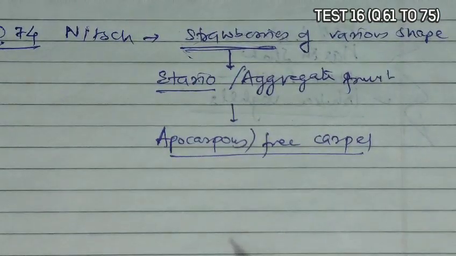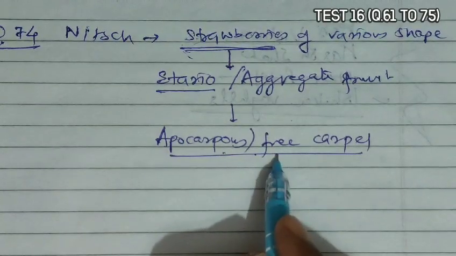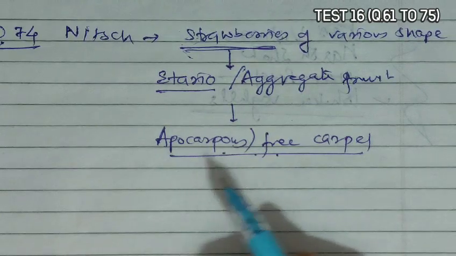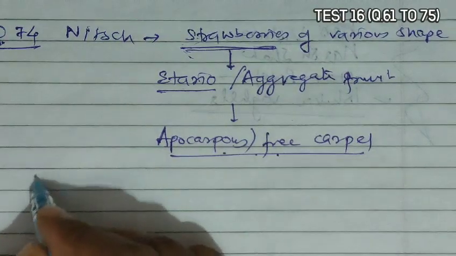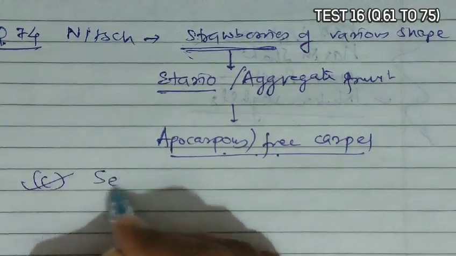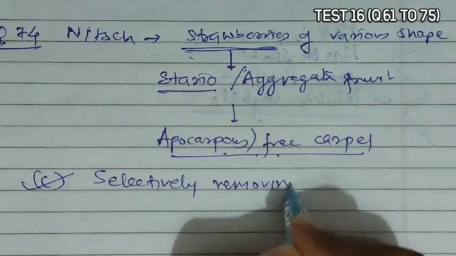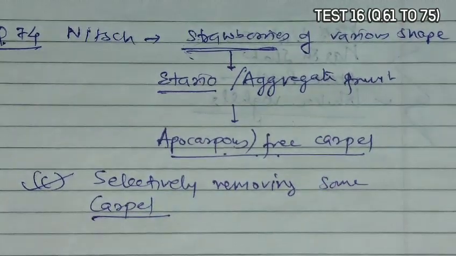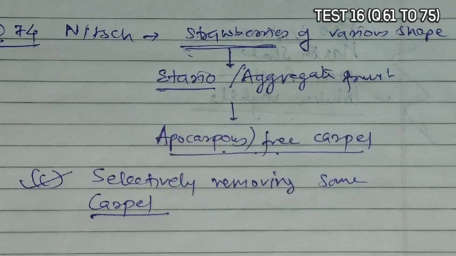Now the shape of strawberries will depend on the number of free carpels. So if there is a plus or minus in the number of carpels, it may affect the particular shape. So option C is the appropriate match, telling that selectively removing some carpels and by selecting genotype as well, that can affect the shape. So C is the correct answer for the various shape of the strawberries.